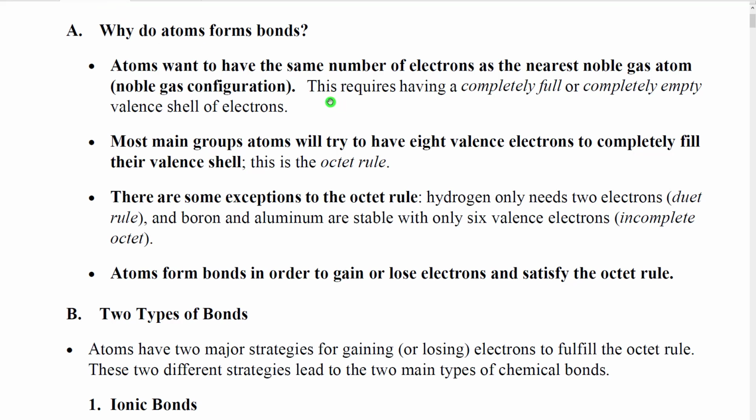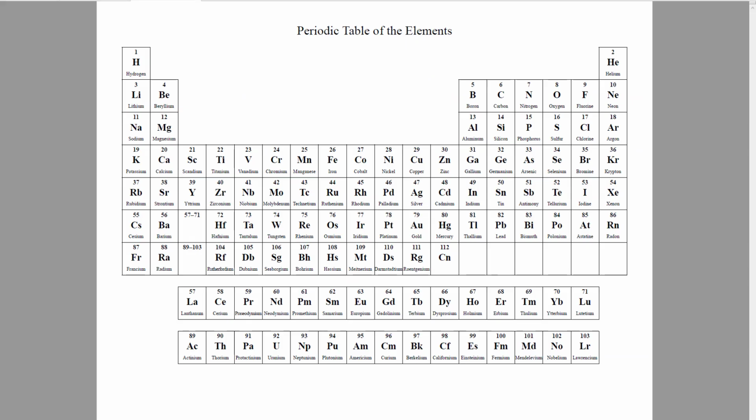So in modern chemistry, since we know about bonding theory and orbital theory and everything, what we would say is that they want to have a completely full or completely empty valence shell, outer shell of electrons. Now, most main group atoms will try to have 8 valence electrons because if we look at the main group, so the main group is this section right here and that section right there of the periodic table that kind of sticks up above the transition metals and then also above the rare earths and lanthanides.